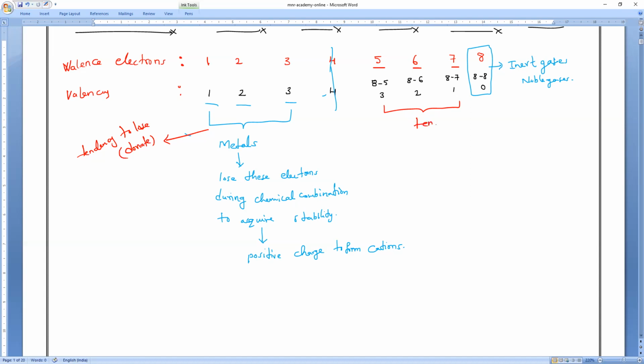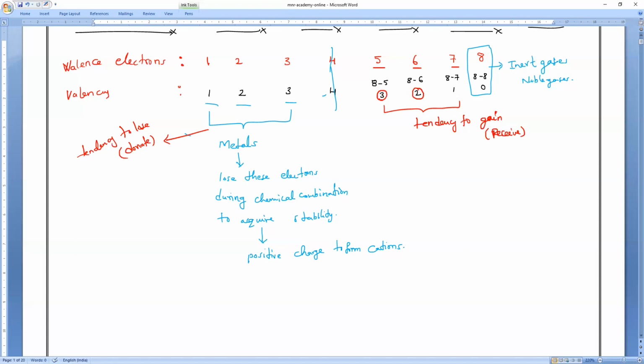Here is the tendency, everybody. The tendency to gain electrons, or we can say the tendency to receive electrons. So 5, 6, 7. If valence electrons are 5, how many electrons can it gain? Everybody? 3. If valence electrons are 6, how many electrons can it gain? 2.